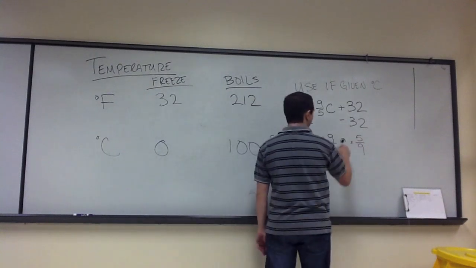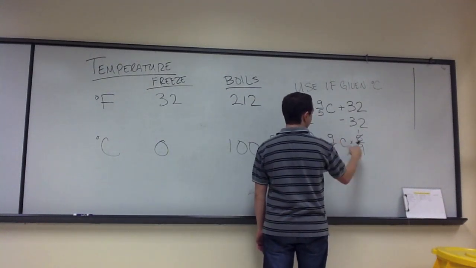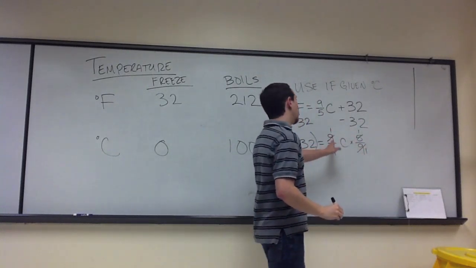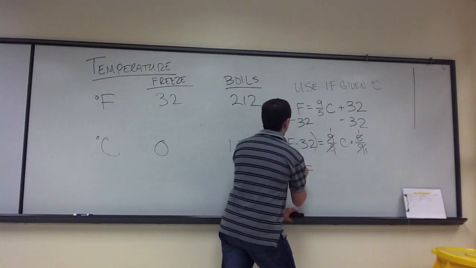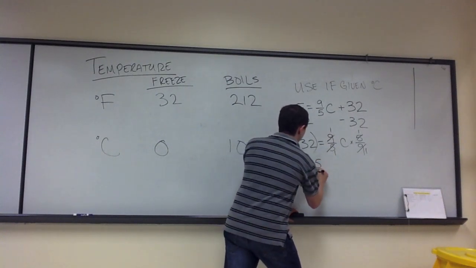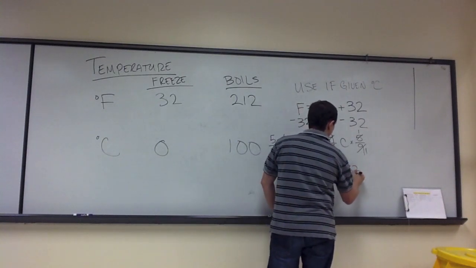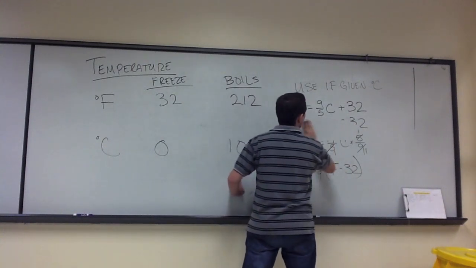So 5 over 5 is 1. 9 over 9 is 1. So now what I have is 1 times C, which gives me a final formula of degrees Celsius equals 5/9 times F minus 32.